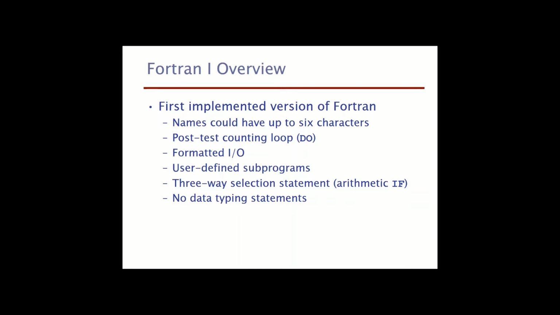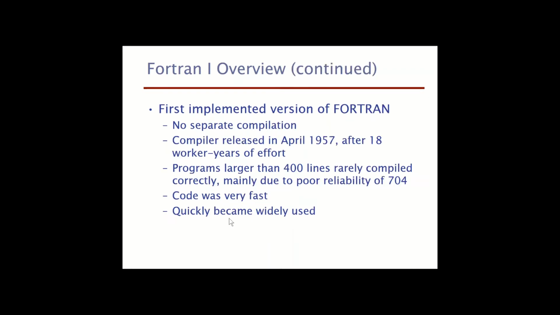If you do not start with I, J, K, L, M, N, then it will be considered a floating point number. That was the implicit way of declaration. Well, but still it had the selection statement, IF, the three-way IF, and so on. Data typing, as I said, was only available implicitly. All right. That was the basic idea of Fortran 1.